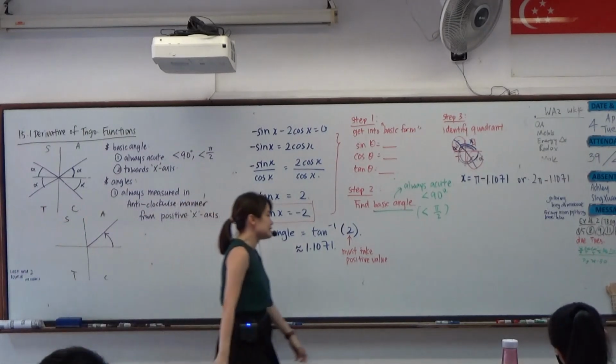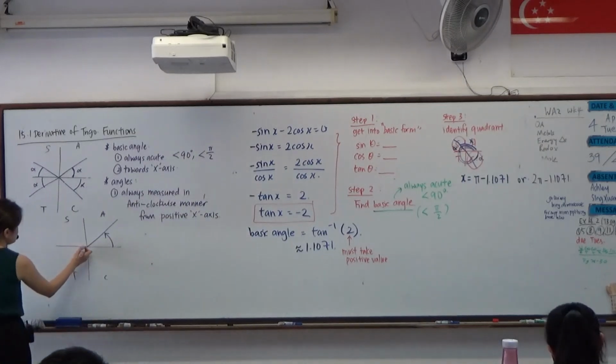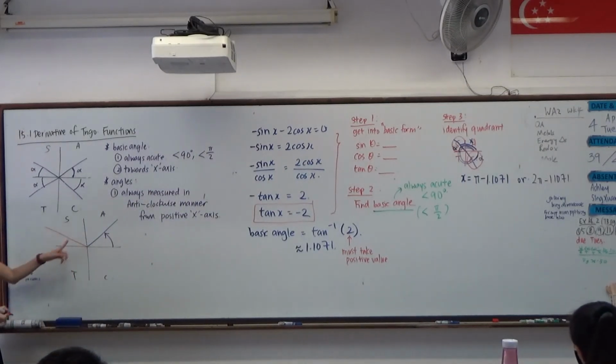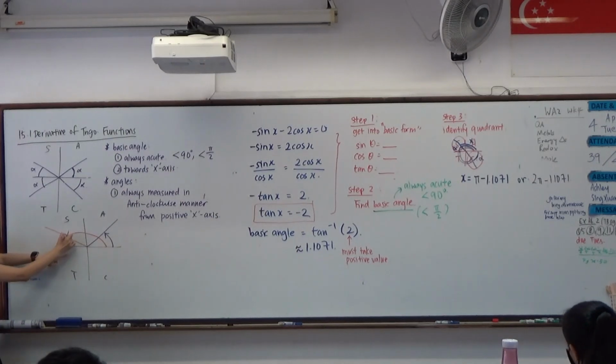Whereas if it is a second quadrant angle over here, because it will be obtuse, I will have to start from here and measure all the way here. That will be the angle.